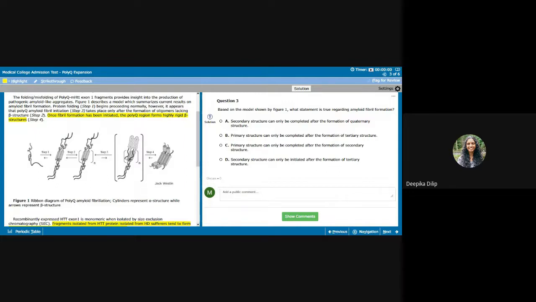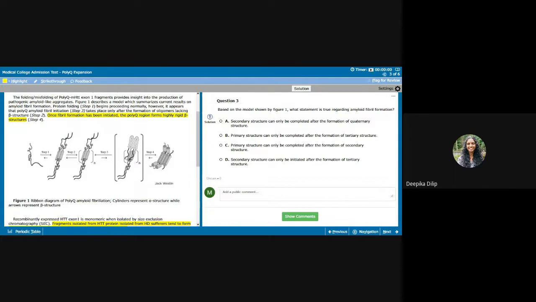Protein folding step 3 takes place only after the formation lacks beta structure. So poly-Q initiation, they lack beta structure, so they don't have a secondary. So what exactly is step 3? Basically, based on beta, my guess is immediate.